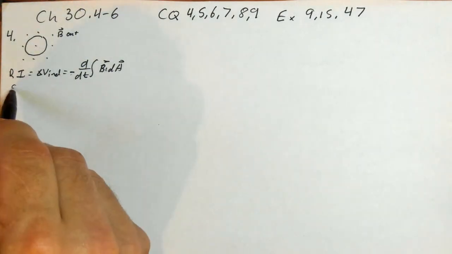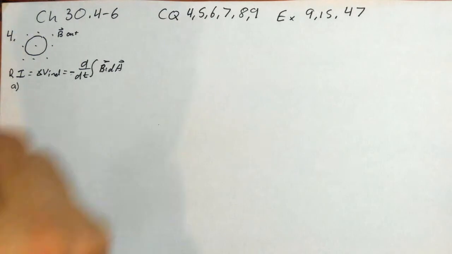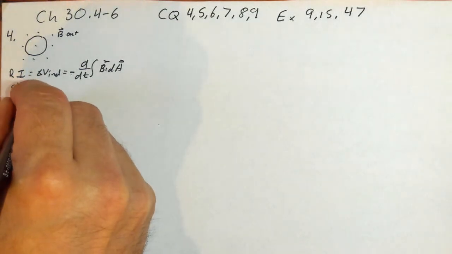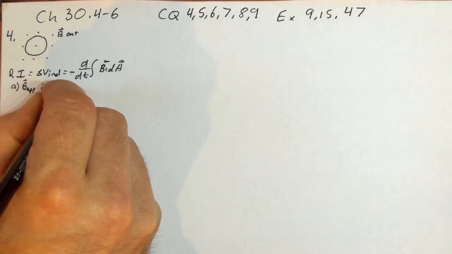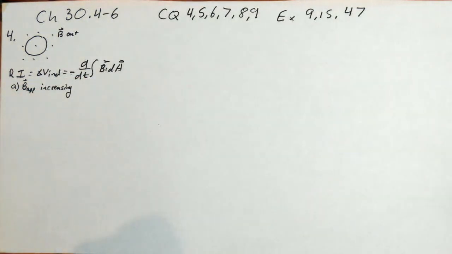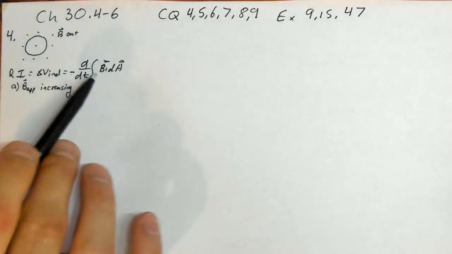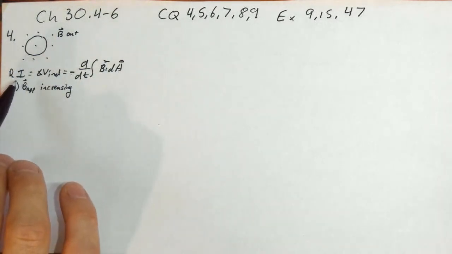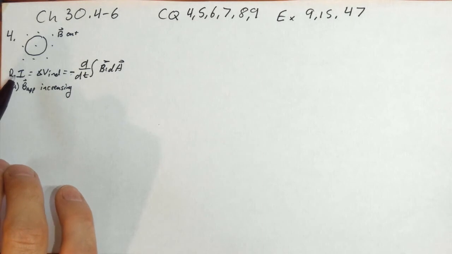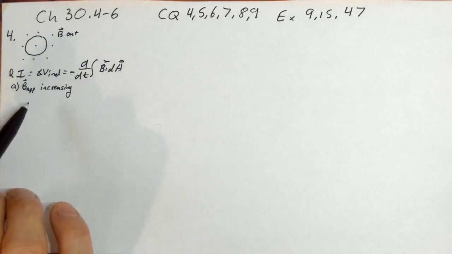If in A we say that the B field is increasing, B applied is increasing. Okay, what is the direction of the current that's going to flow? So the main idea is that current's going to flow in a way to oppose that change. So this will create its own induced B field, and that B field will point in a direction to oppose this change.